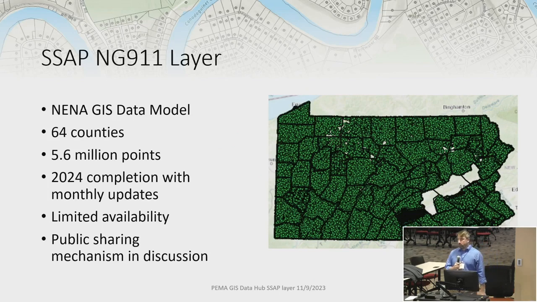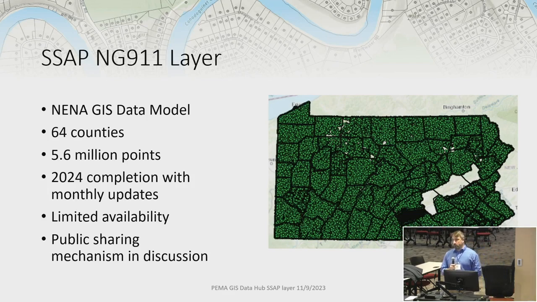This is what our address point layer looks like currently. I downloaded this a couple days ago from the Data Hub. We have 64 out of 67 counties, 5.6 million points. So this is your 123 Main Street, but also your 123 Main Street Apartment A, your 123 Main Street Apartment B. That's the level of accuracy that we're trying to achieve with this address point data set.